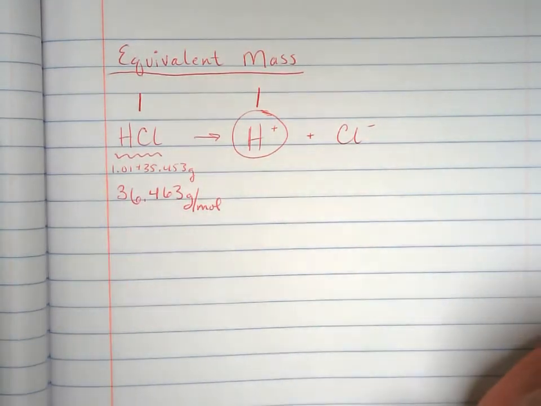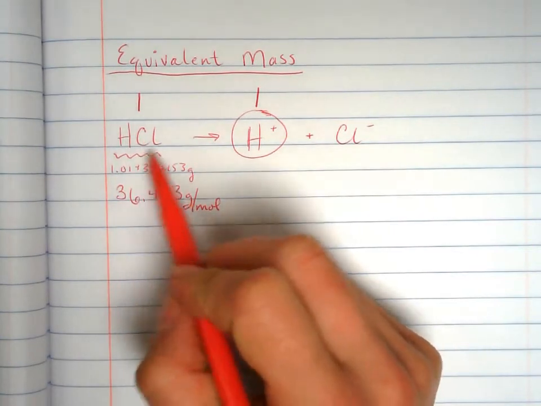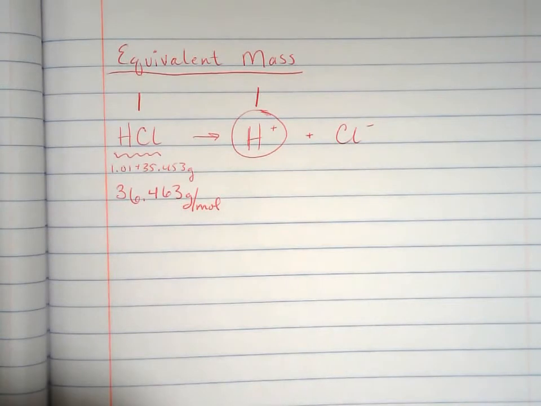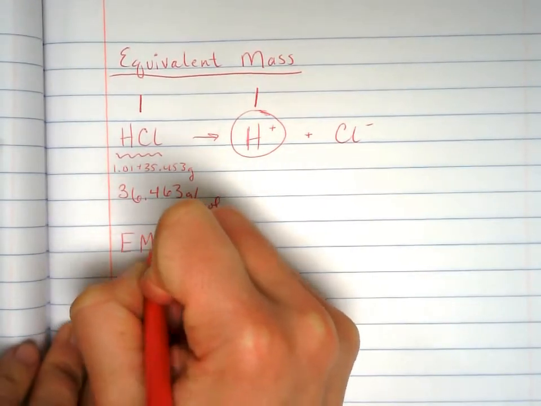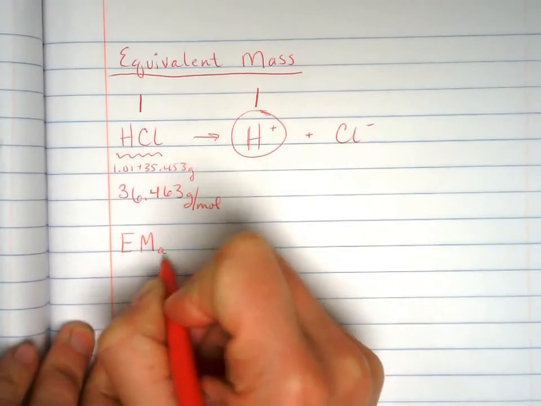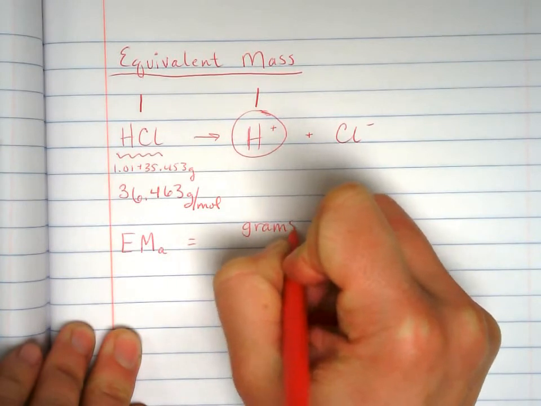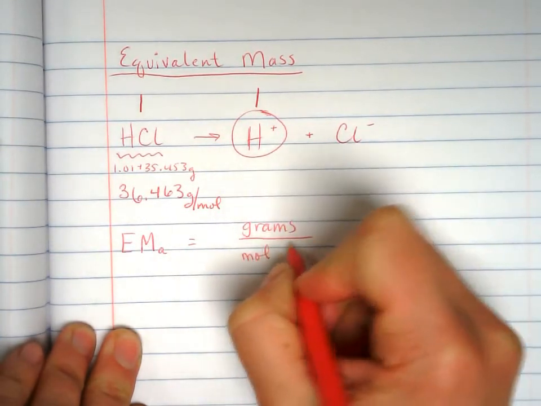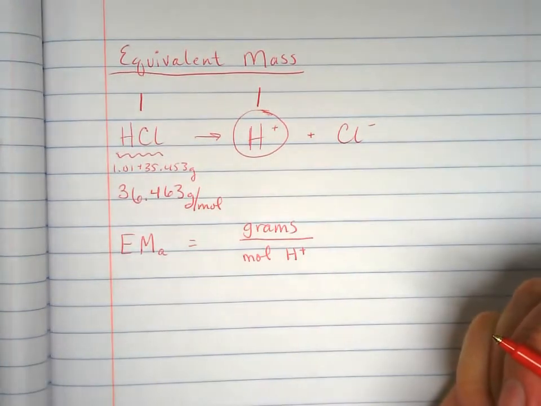And so what that tells me is that if I weigh out 36.463 grams of HCl, that is going to give me 1 mole of H+. And so that would be my equivalent mass. So my equivalent mass of an acid is equal to the grams of the acid over the moles of H+, if that makes sense.